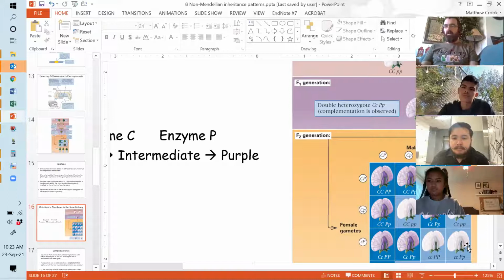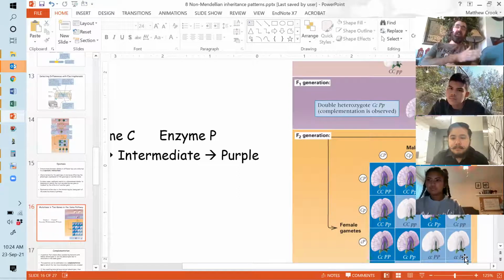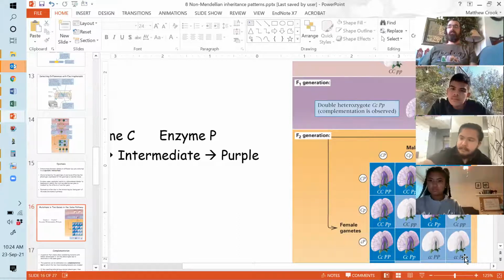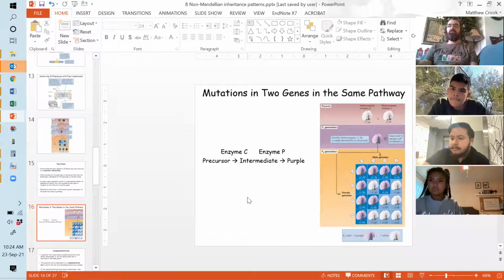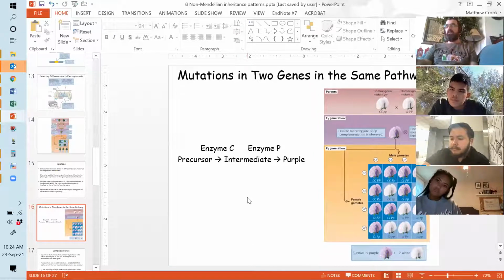So elsewhere, for example, you could have a dominant allele for the second enzyme. But if the other enzyme is homozygous recessive, or the other gene rather, you're not going to see that genotype get expressed. So this is called negative epistasis.